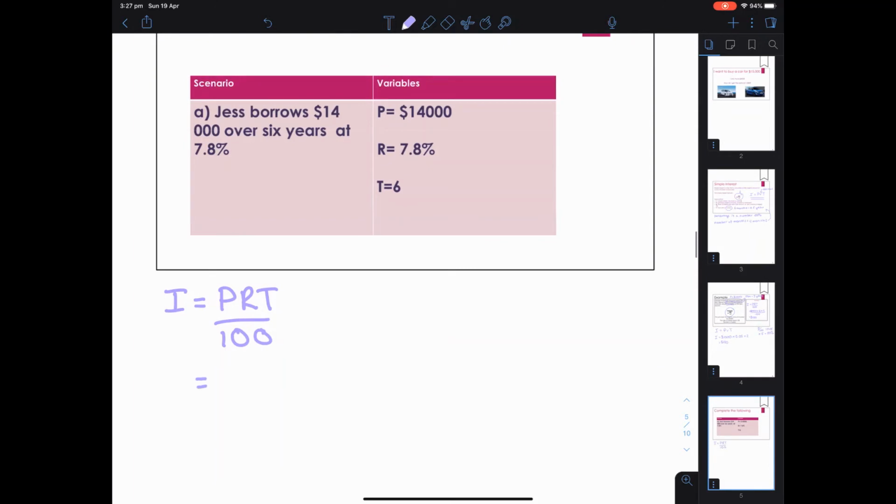So in this rule, our principal is going to be 14,000. We're going to times that by 7.8 and then times that by 6, because our rate is 7.8% and our time is 6. And then we've got to remember to divide that by 100.